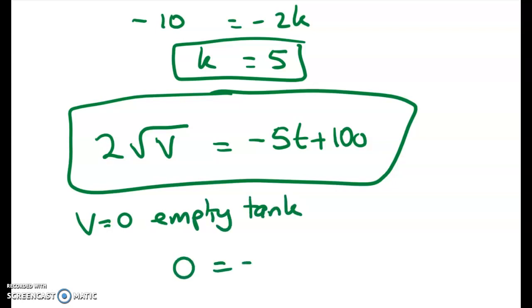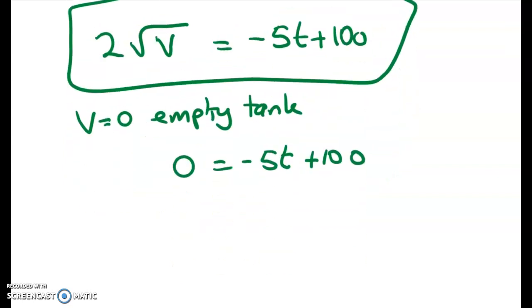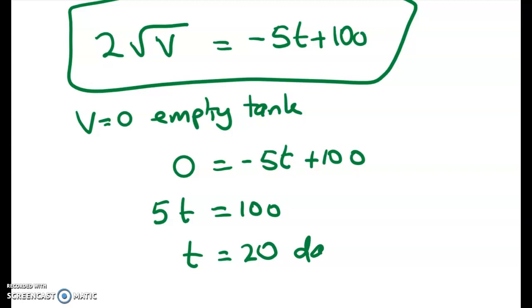So 0 equals negative 5t plus 100. That gives us 5t equals 100, so t equals 20 days. And then, because we're doing NCEA, 20 days to empty the tank. There you go, that's the first one done.